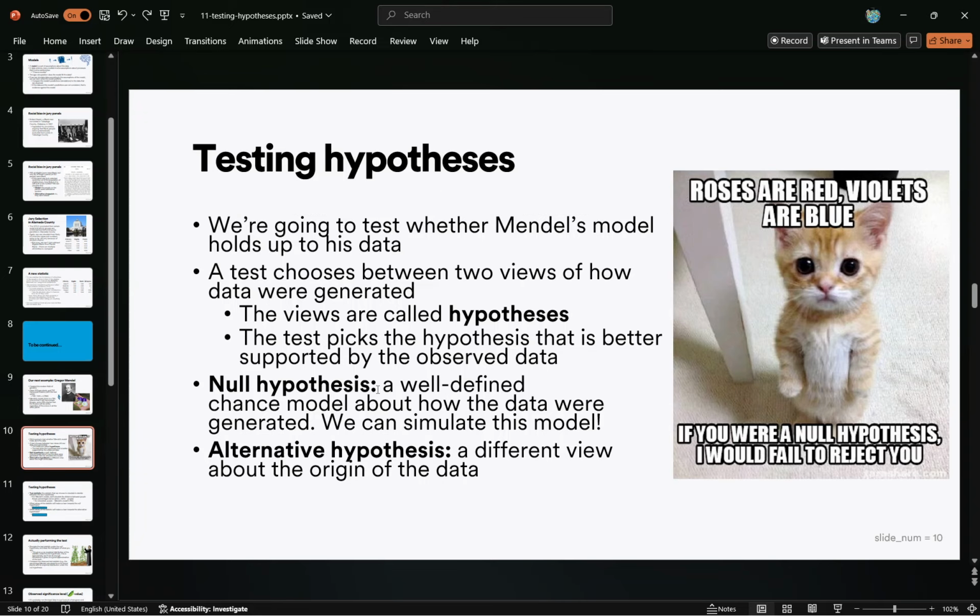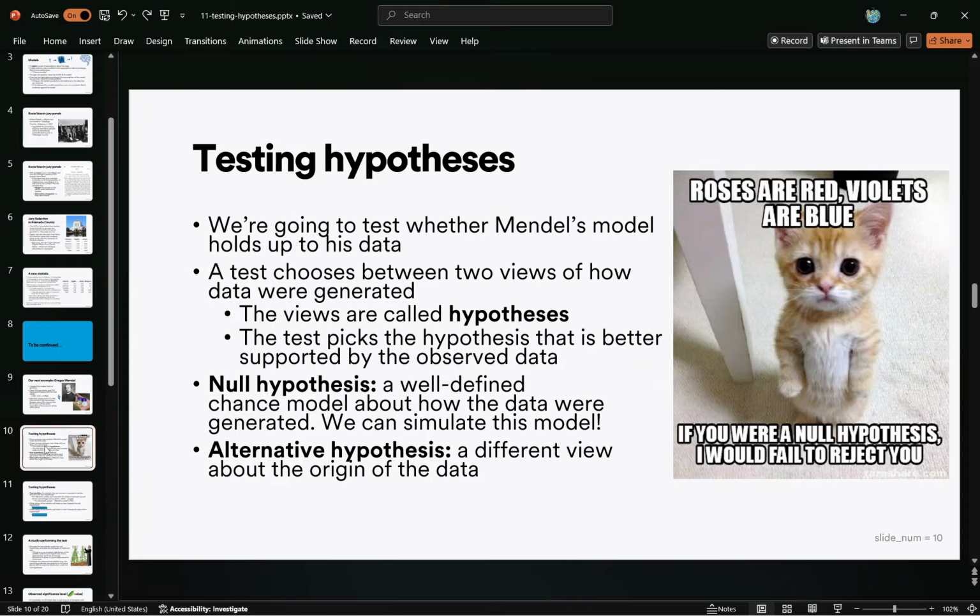So we think that the null hypothesis is true, but maybe if our test goes a different way, it will lead us to some alternative. Right? That's a different view about the data. Maybe the pea plants had something different about them. Like it wasn't exactly a 75-25 split. All right, that's an alternative hypothesis, where the null hypothesis was that it was exactly a 75-25% split, and the only difference that we saw, the reason it wasn't exactly that, was due to chance.